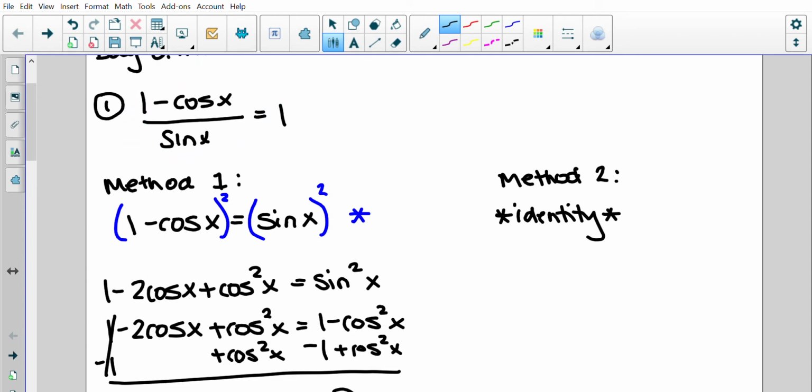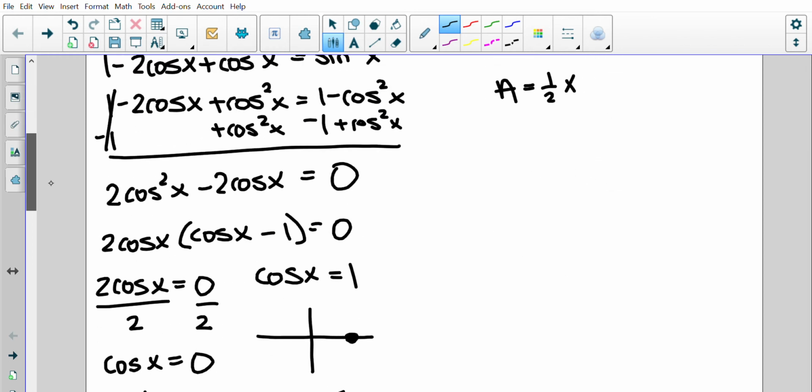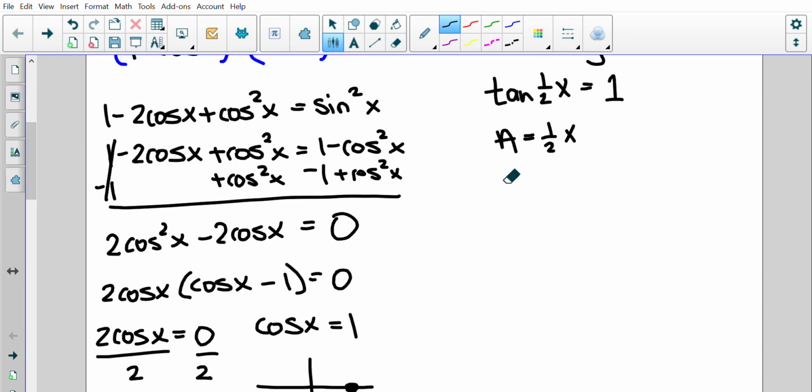So we can replace this entire left-hand side with just tan of 1/2 x equals 1. And then this becomes like a problem that we did in day 2 stuff where we can let a equal 1/2 x. We're only going half a rotation. And so we would get tan of a equals 1.